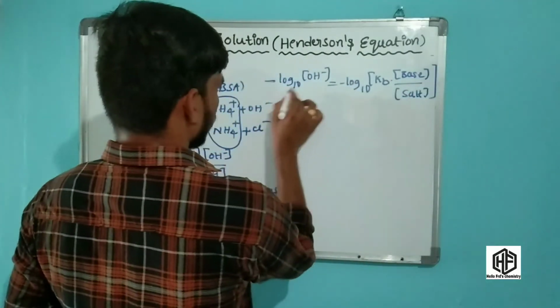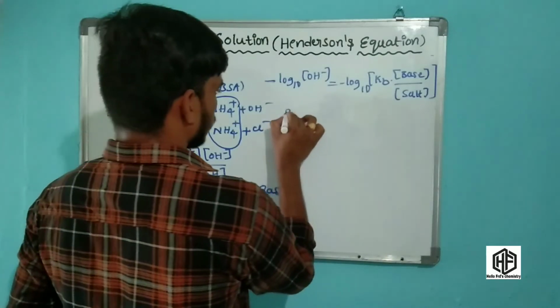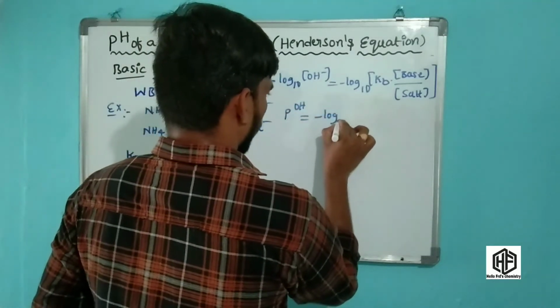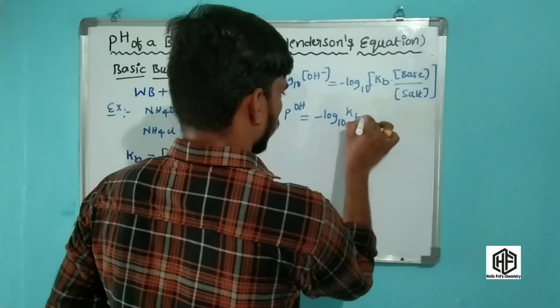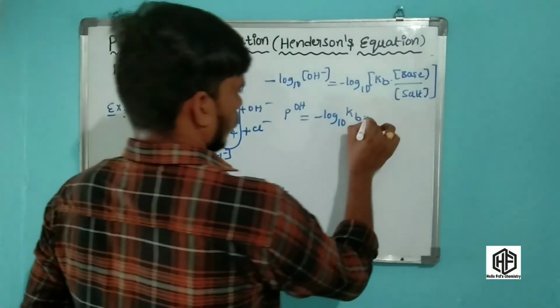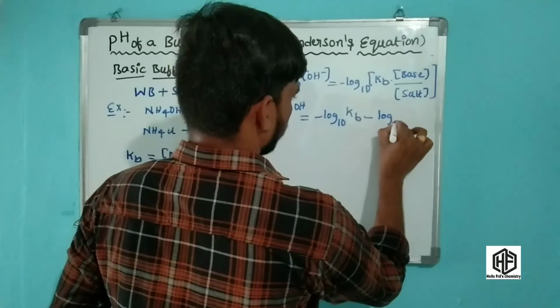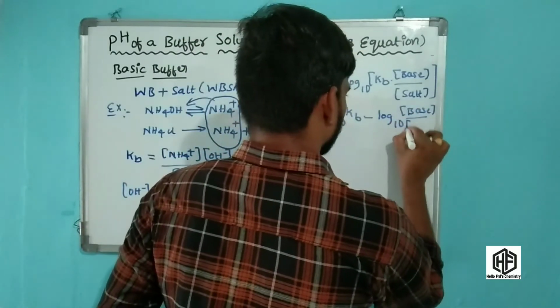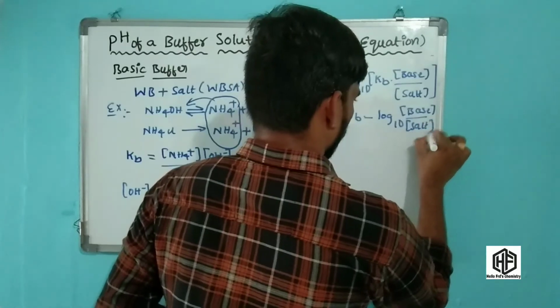Okay friends, now minus log base 10 of OH minus is called pOH. Now minus log of A into B is minus log Kb minus log base 10 concentration of base by concentration of salt.